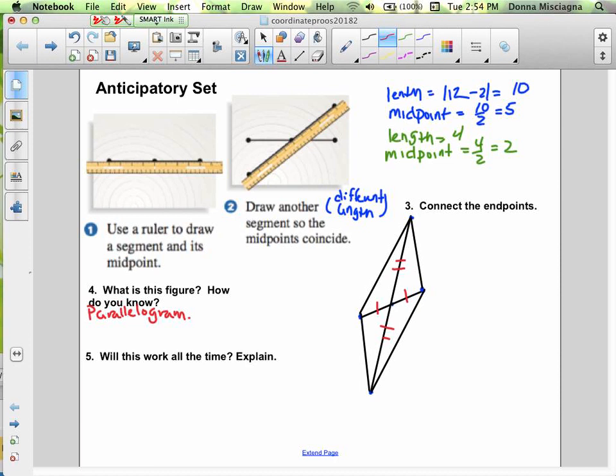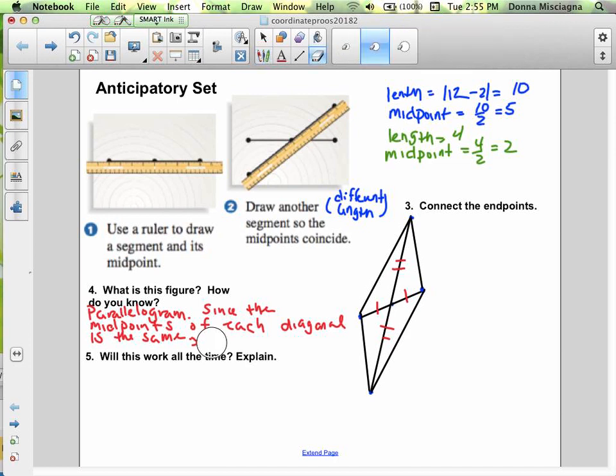So since the midpoint of each diagonal is the same, that should be a comma, not a period. No reason we can't have good grammar here. Both diagonals bisect each other.